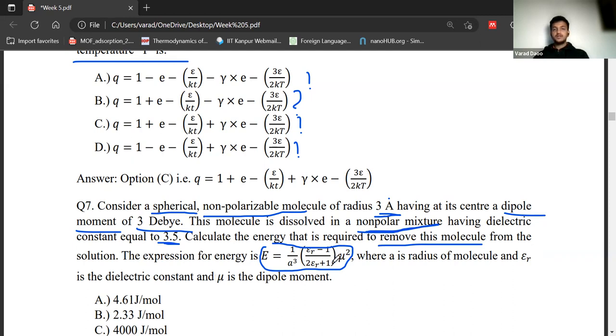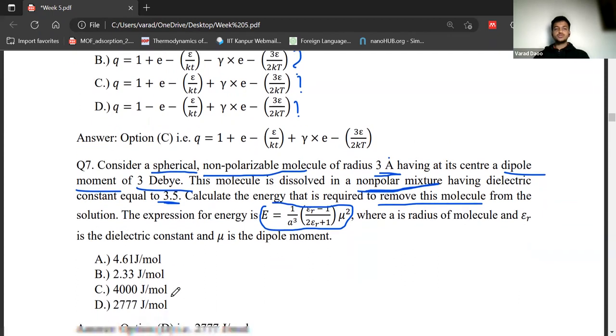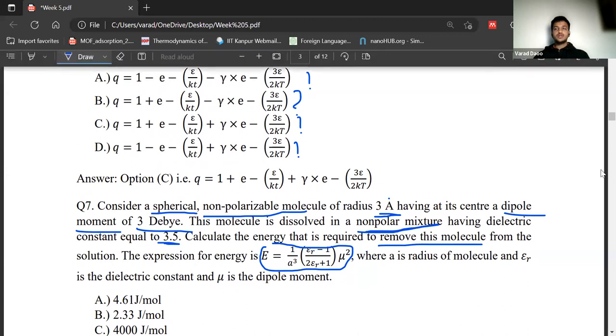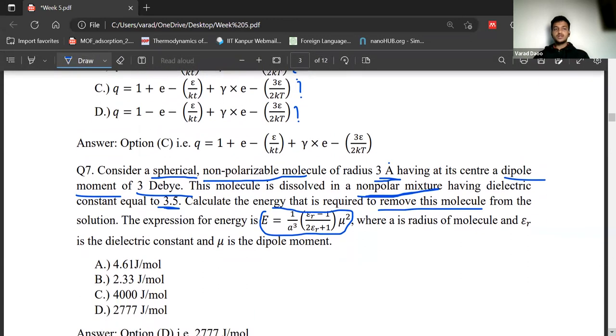What we need is the energy required to remove this molecule. The options are: 4.61 joule per mole, 2.33 joule per mole, 4000 joule per mole, or 2777 joule per mole. I'll give you a couple of minutes to solve.